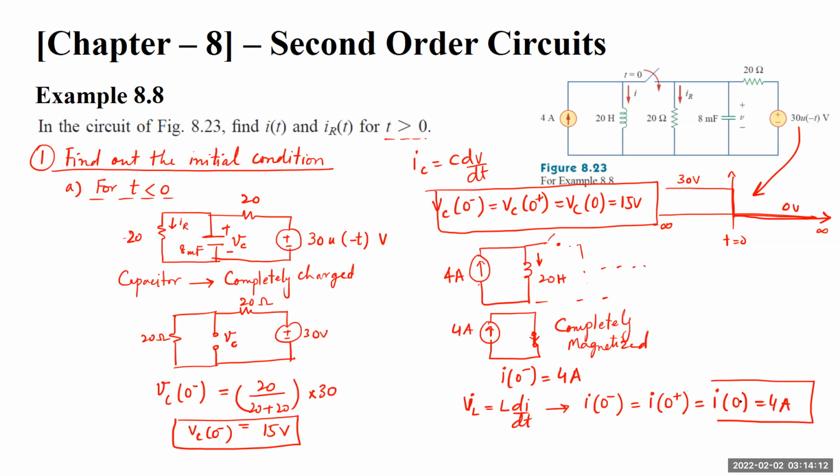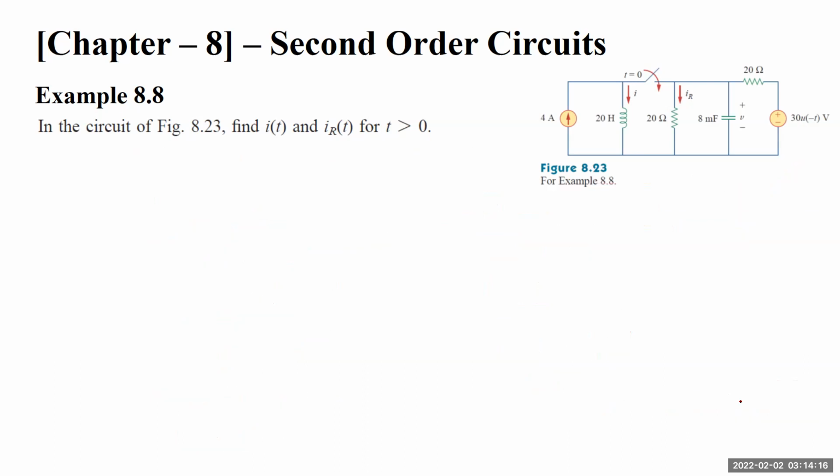So now we have the first two initial conditions with us. Now the second part: we have to solve the circuit, so solving for t greater than 0. For t greater than 0, the circuit will look something like this.